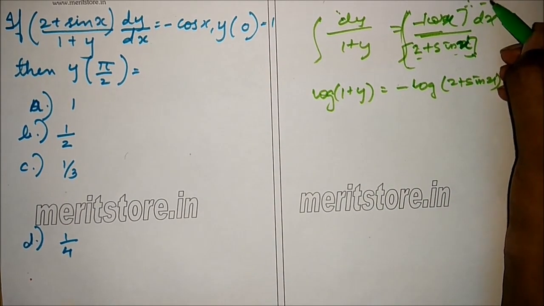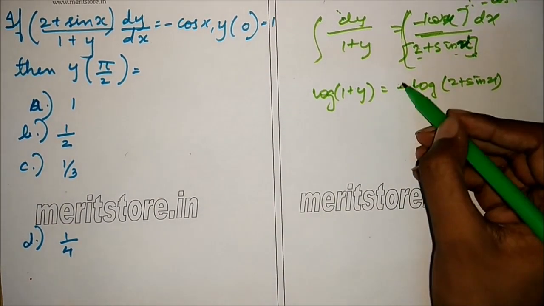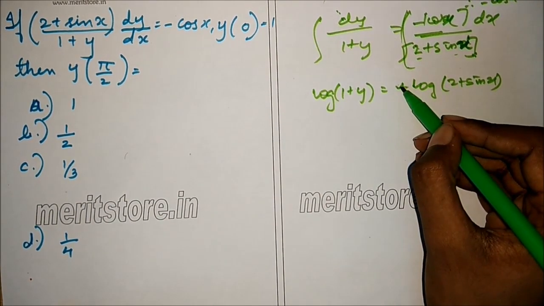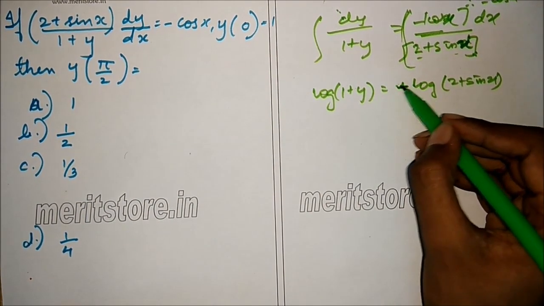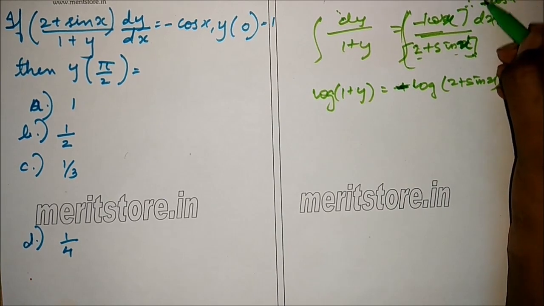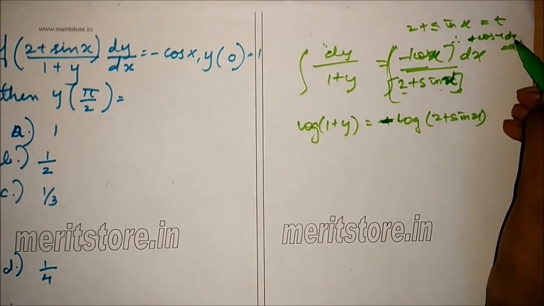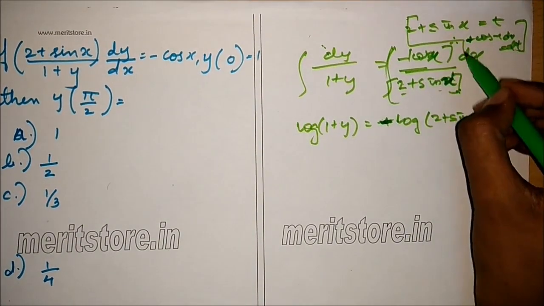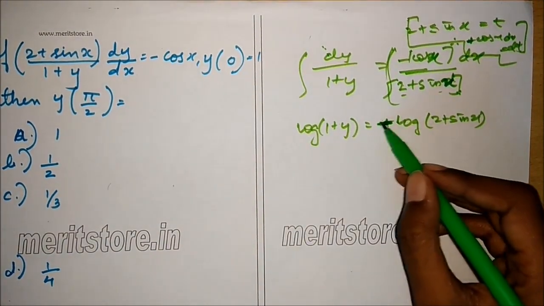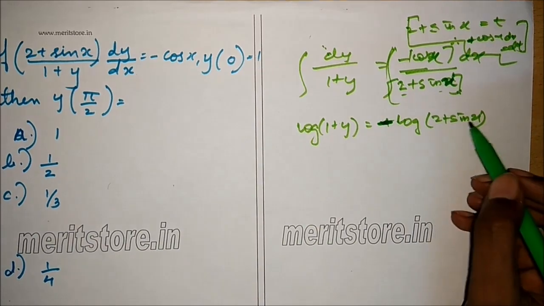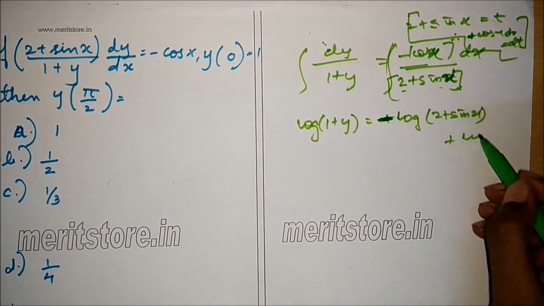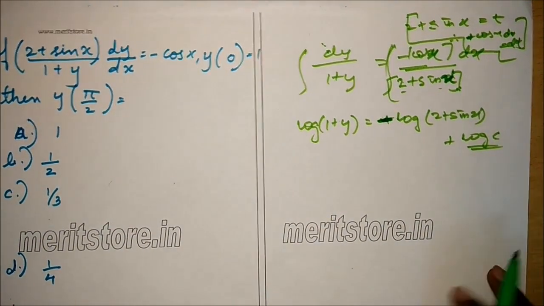So cos x dx will be dt. So we substituted this, and we'll be getting minus log of 2 plus sin x plus log c, where this is the integration constant.